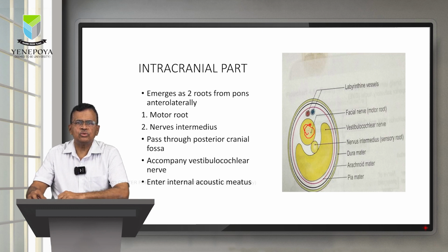This is the motor root of the facial nerve. This is the 8th cranial nerve, vestibulocochlear nerve, and this nervus intermedius, the sensory root of the facial nerve, is sandwiched between the motor root of the facial nerve and the 8th cranial nerve.